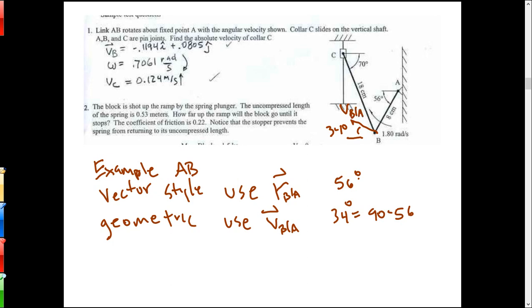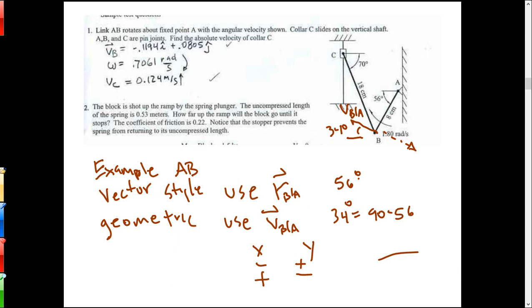Now, the other thing with geometric, for VBA, you can assume minus, plus, or plus, minus. You could assume either one of those for VB with respect to A, okay? But you can't assume plus, plus, or negative, negative.